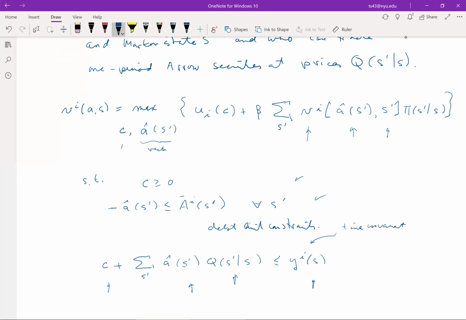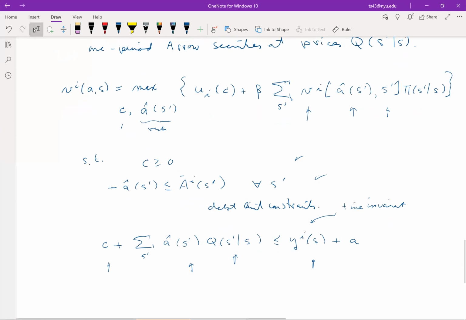That's what we did before above. And then plus, here's my current wealth. So here's my Bellman equation, and here are my constraints. This is a budget constraint, trading with arrow securities. This is a no borrowing constraint, and I'm imposing that consumption is positive, not negative.